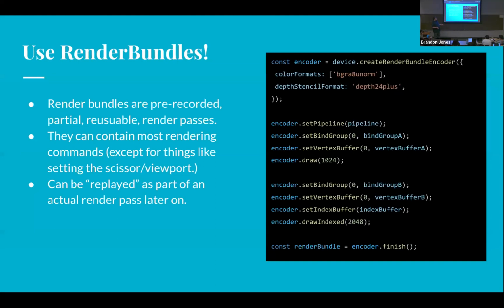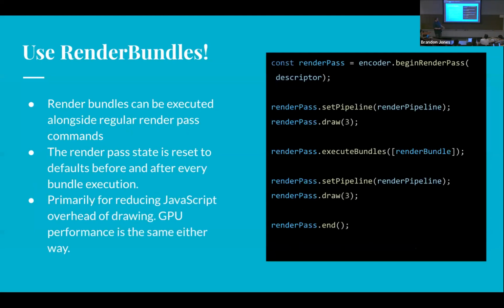So a render bundle is basically a partial repeatable render pass, where I come in and say, okay, I'm going to record a whole bunch of draw commands and set pipelines and everything else that I can do in a render pass, except for like setting viewports. That's about the only thing you can't do. And then it gives me back this object that during a normal render pass, I can then just say, hey, replay that.